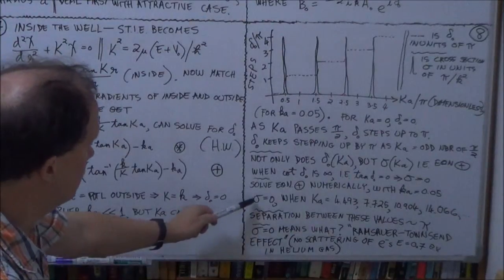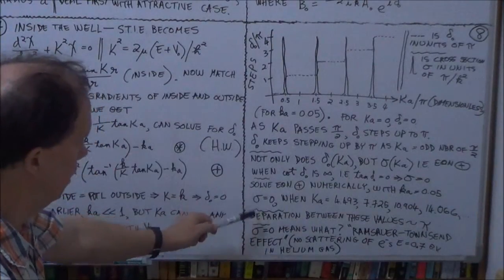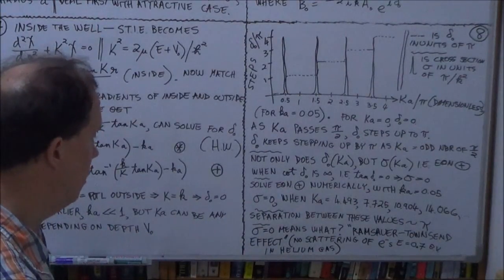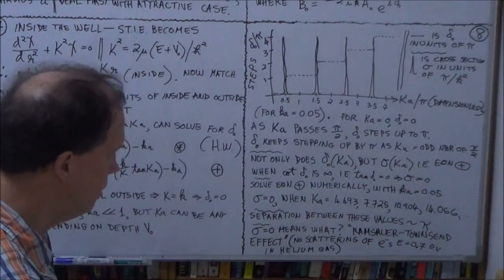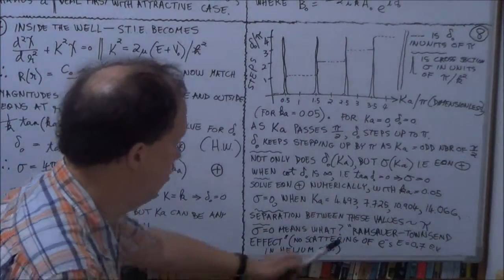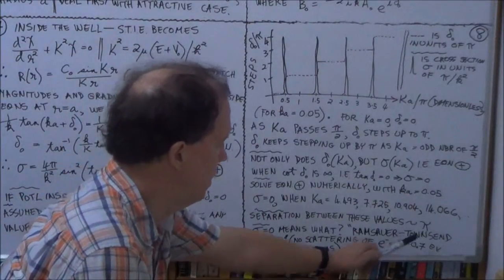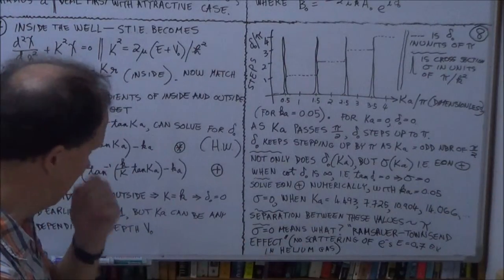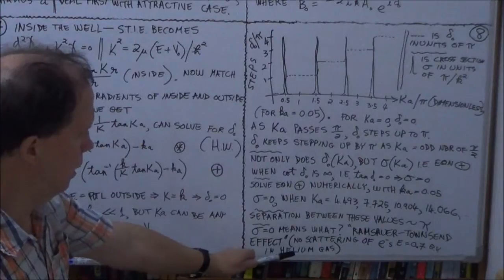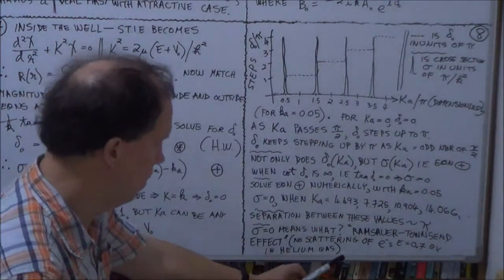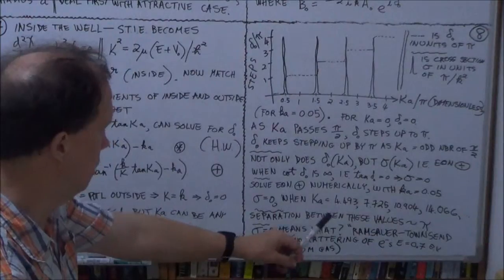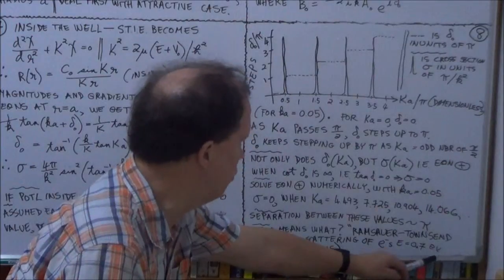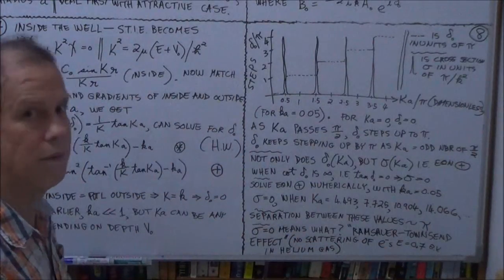When the total cross section, little sigma, is 0, how do you interpret that physically? Well, there's an effect called the Ramsauer-Townsend effect. If you have electrons and you're sending them through a helium gas, then for a certain energy, in other words for a certain big K, about 0.7 electron volt, there's no scattering.